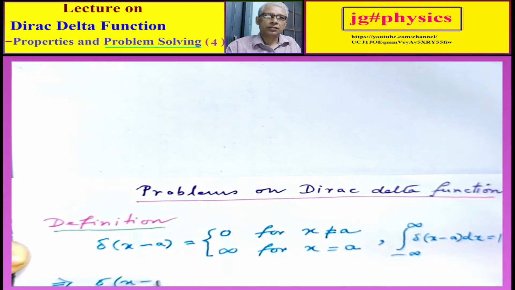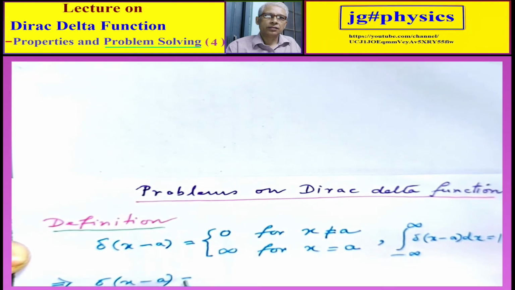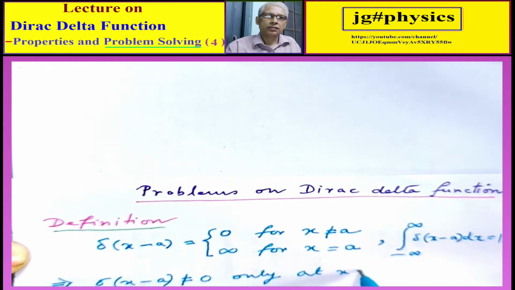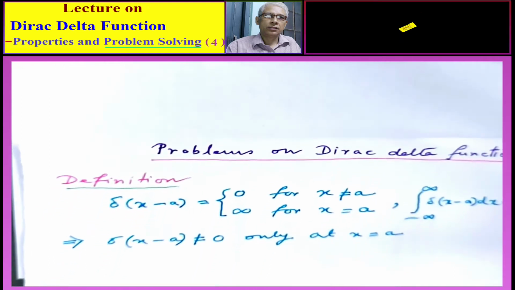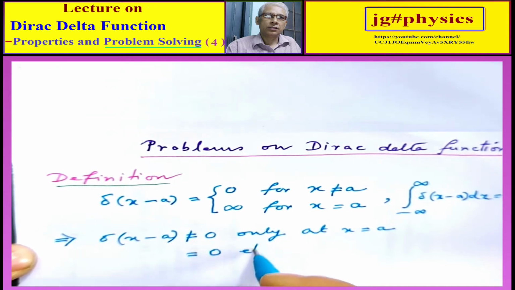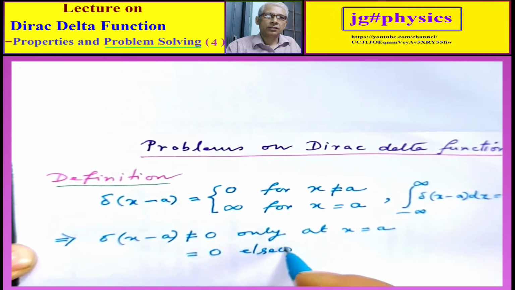And this means that Dirac delta x minus a is not equal to 0 only at the point x equal to a, and it is 0 elsewhere.